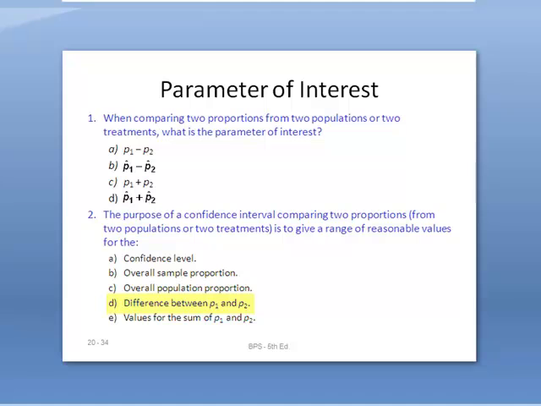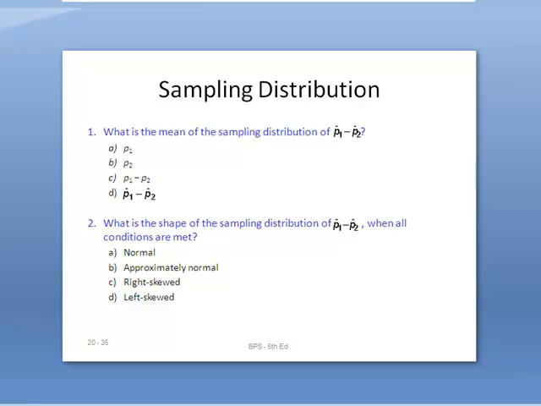The difference between P1 and P2. So D. So for the sampling distribution of the differences of the two sample proportions, what is the mean of that sampling distribution? C. What is the shape of the sampling distribution of P1 hat minus P2 hat when all the conditions are met? Well, it's approximately normal.